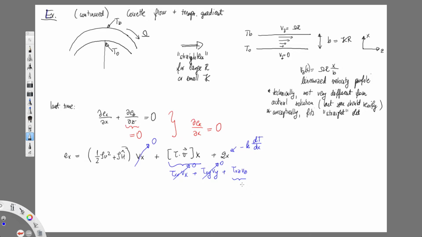So that's essentially what I put in. So I have partial x of tau xz vz. What is tau xz in this particular case? What is tau xz?